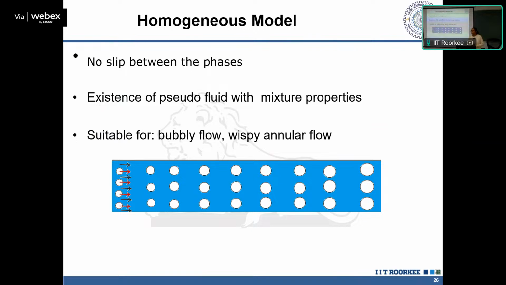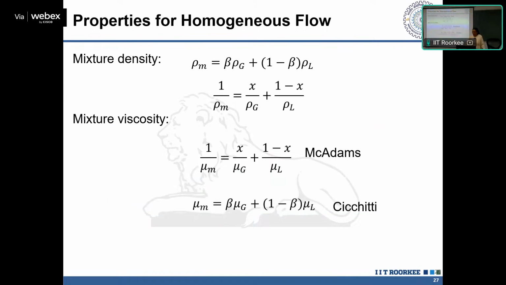One such widely used model is the homogeneous model. The homogeneous model assumes there is no slip between the phases. Both phases are well mixed, and it acts like a pseudo fluid with some mixture properties. So how are these mixture properties estimated? In this case, they are estimated with the inlet volume fraction. Here we assume alpha is equal to beta.